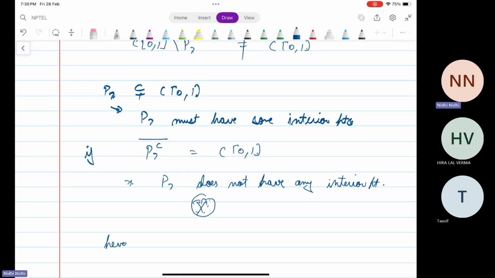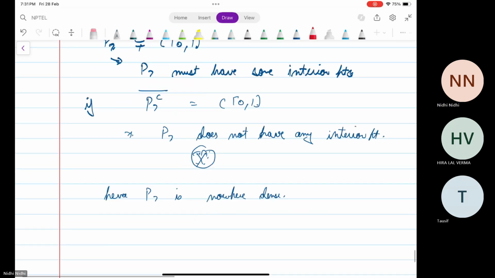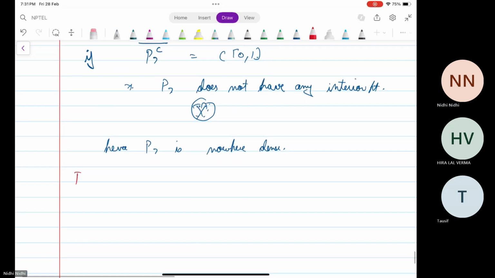Hence, P7 is nowhere dense. This is true. So we have used the fact that P7 is a proper subspace, in fact a metric space, of C01.